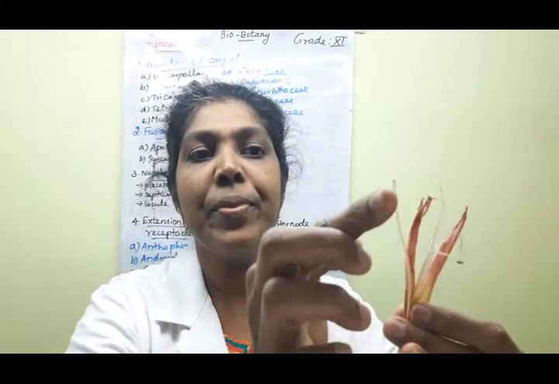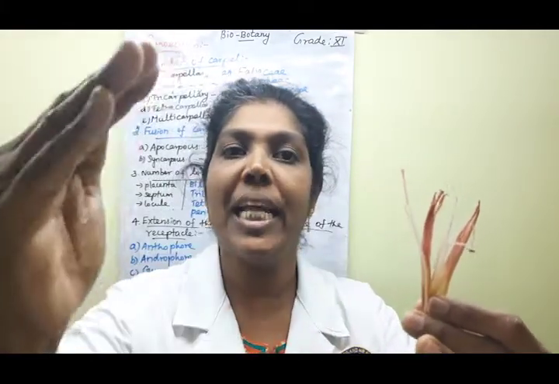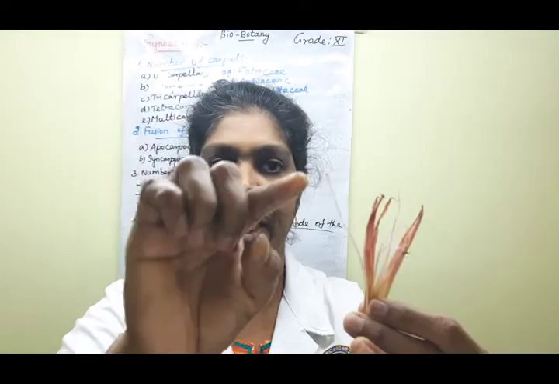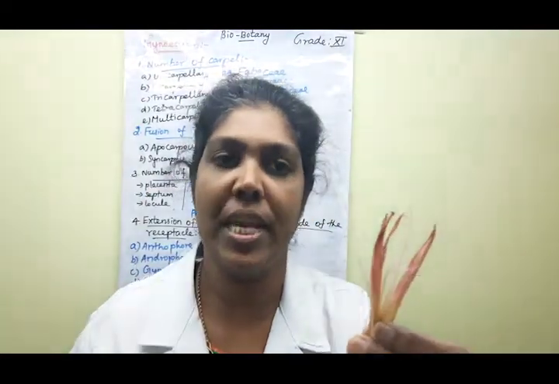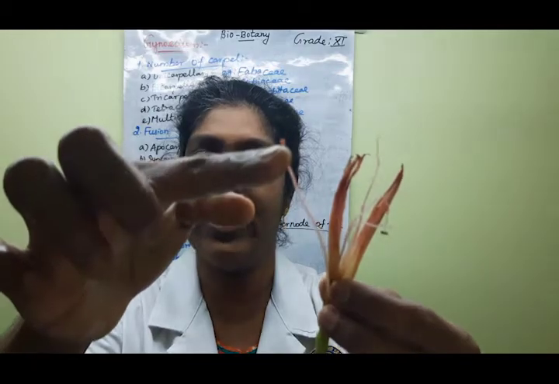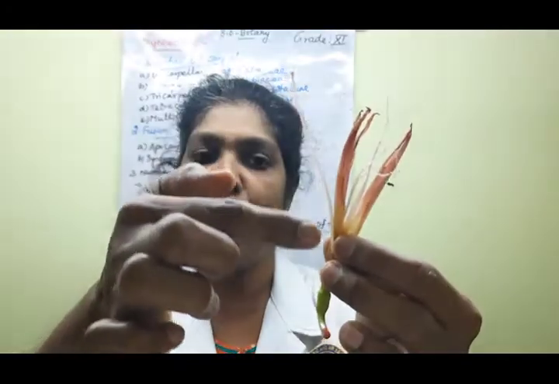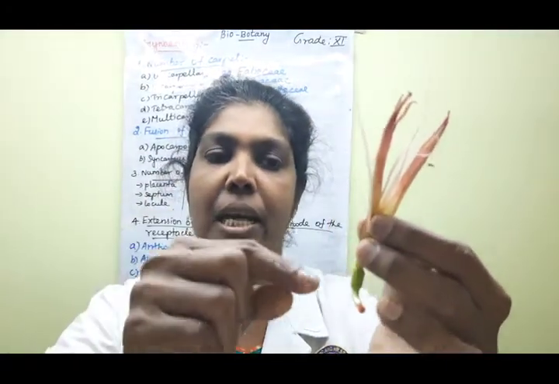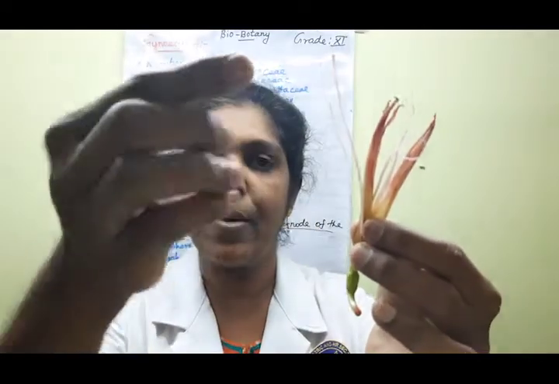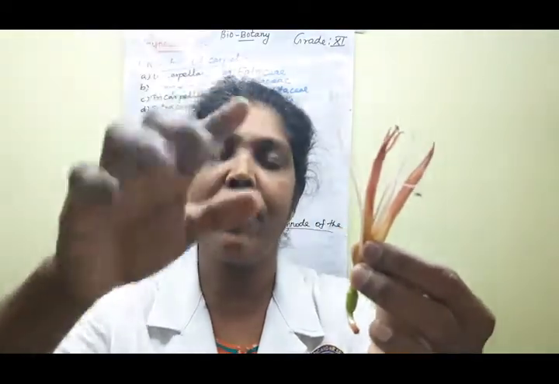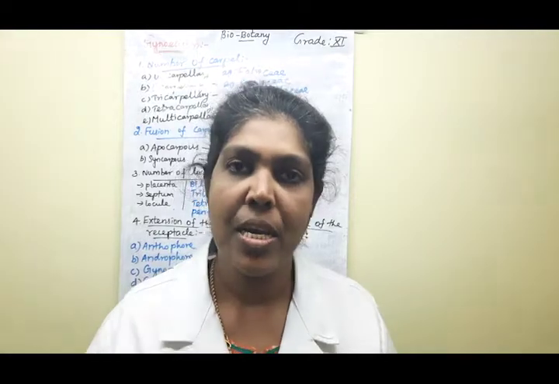This is where the pollen grains land. This region is known as the stigma. Understood? So this is the ovary, this is the style, and this pollen landing region is the stigma. This overall structure, ovary, style, stigma, together is known as the pistil.